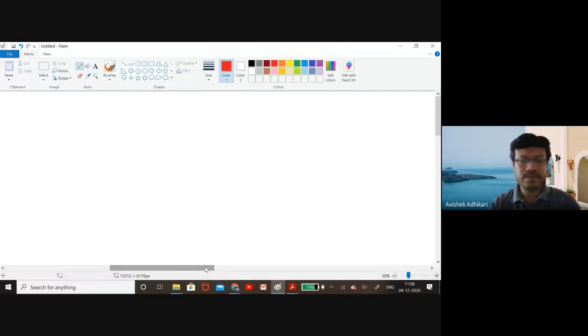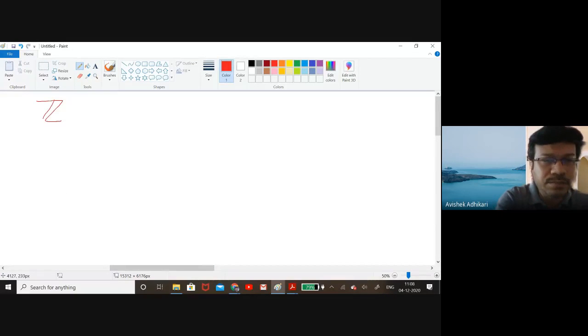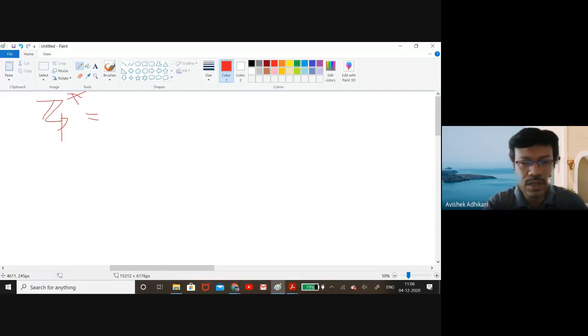As I mentioned, suppose P is my odd prime. So ZP star is a cyclic group. You know the result: if P is prime, then ZP star is cyclic. Here we are taking a little extra, that P is an odd prime. So ZP star is again a cyclic group. So I assume that G.